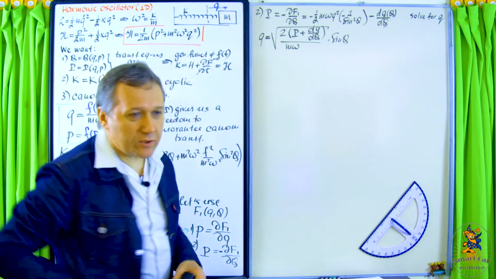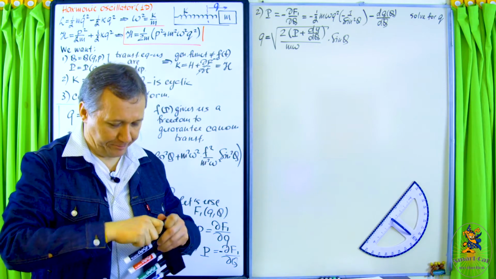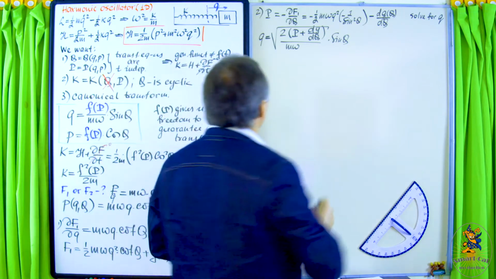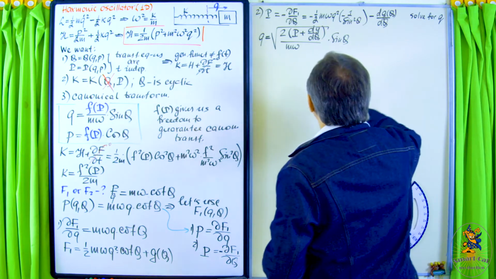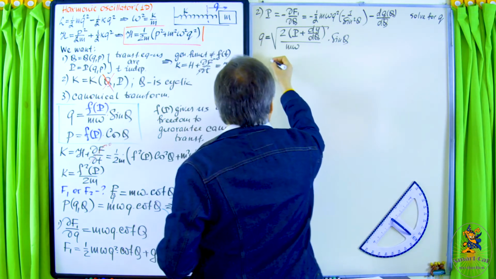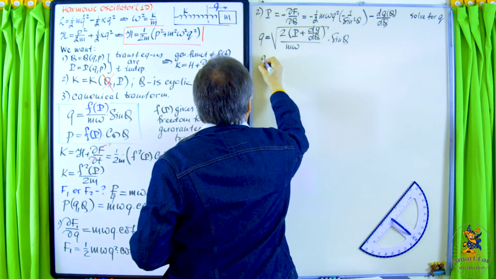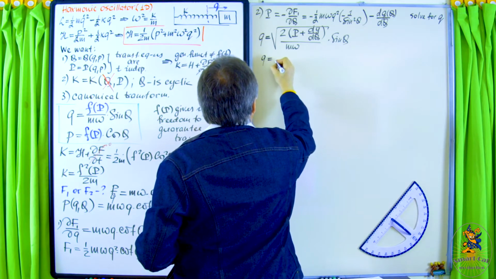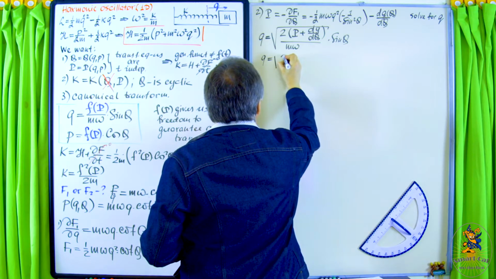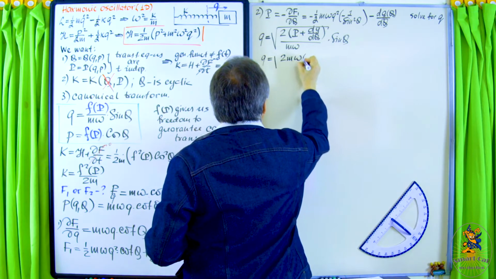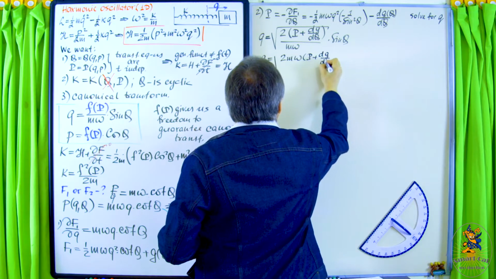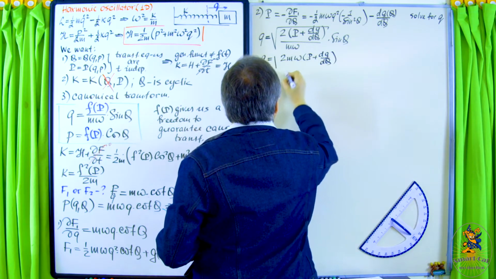Okay, I think it's time to change my marker. It's getting a little bit light. Let me rewrite. Let me multiply everything by the square root of m omega. Right, and I will get something like this: 2m omega p plus dg over dq, close bracket.